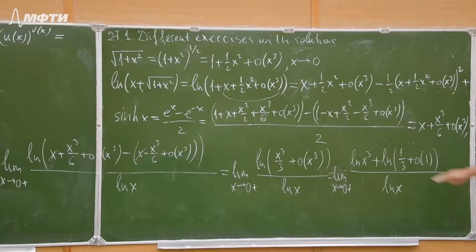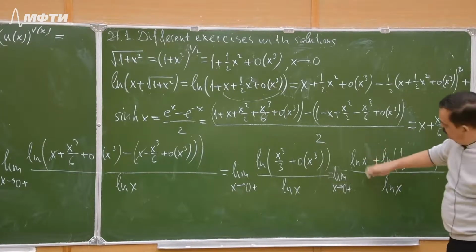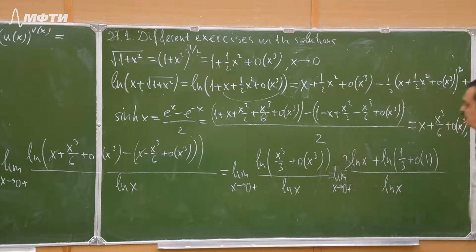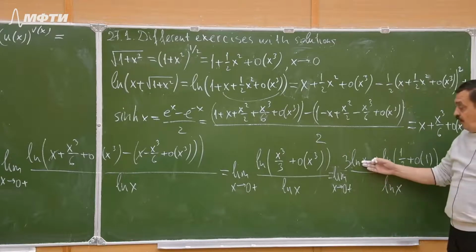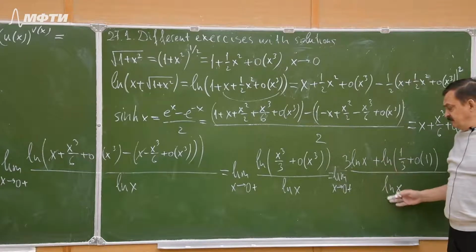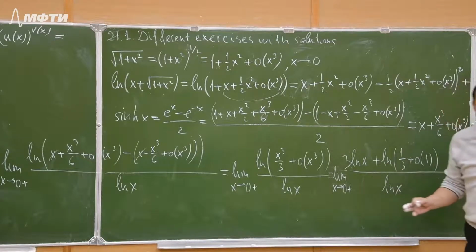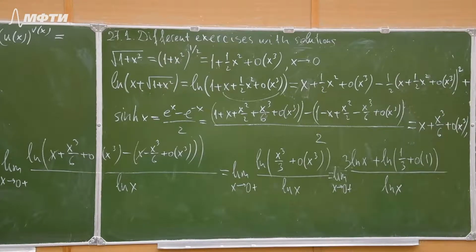Now, I put 3 here again by properties of the logarithm. And then look what we have. Both numerator and denominator tend to minus infinity as x tends to 0 plus.